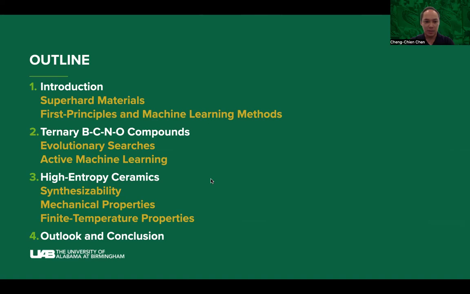I'll discuss our simulation of the synthesizability of single-phase high-entropy materials, and the simulation of the mechanical properties, including the use of random forest machine learning methods. And finally, I'll conclude with some future and ongoing research directions, especially on simulating finite temperature properties with molecular dynamics simulations.